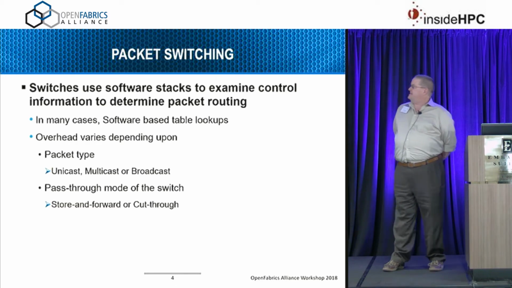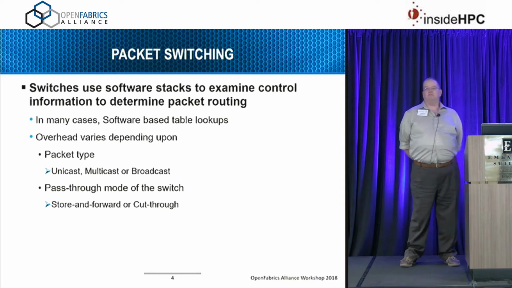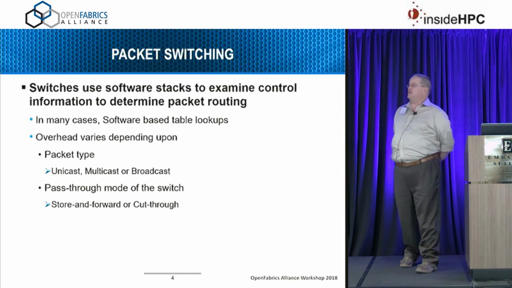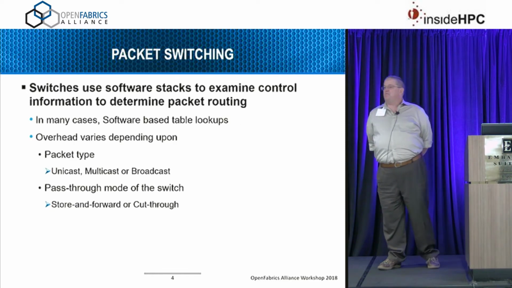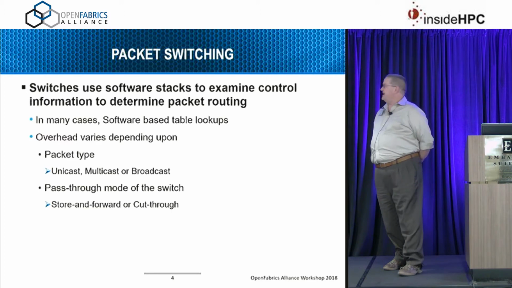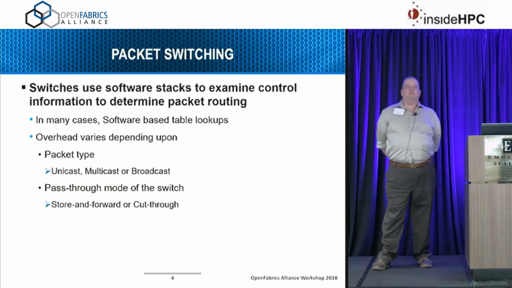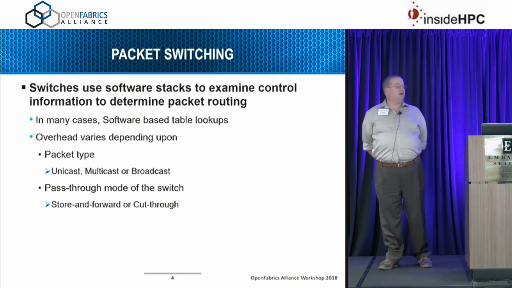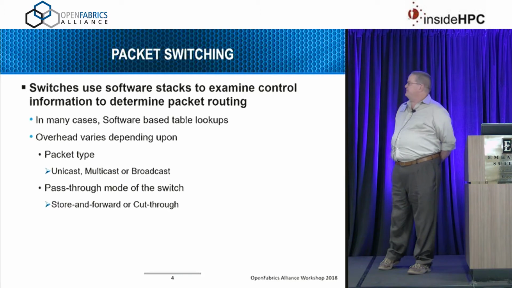In many cases, there's a lot of software lookups involved based on whatever headers are present on those packets. You have a lot of overhead that depends upon the type of packet, whether it's a unicast, a multicast, or a broadcast type packet. And then the configuration of the switch, whether it's configured for cut-through or store and forward routing.